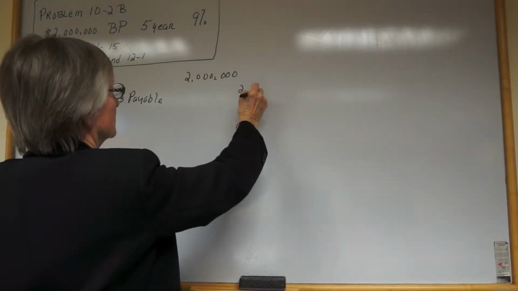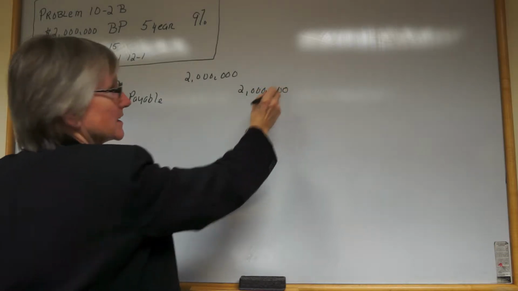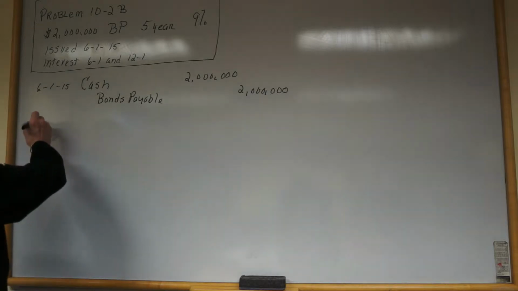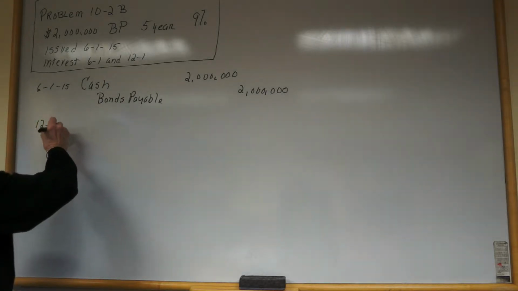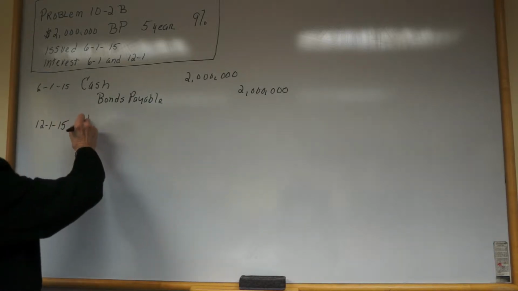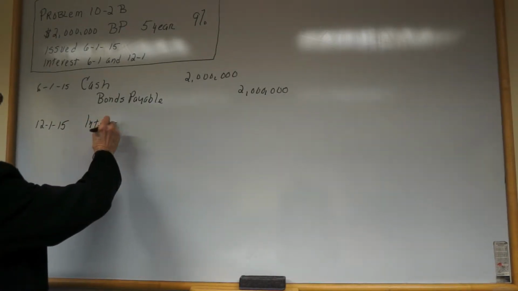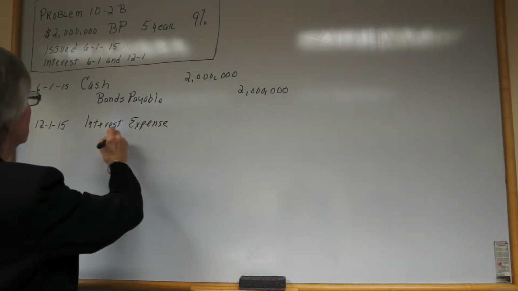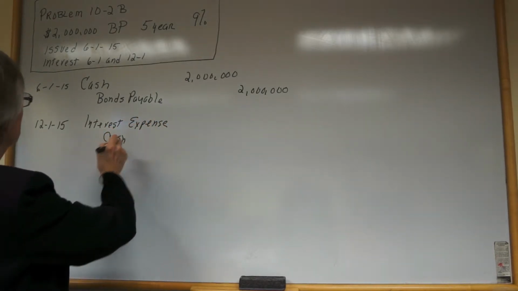So far, so good. Then they ask us to pay interest. Now you notice the interest date here, it's 6/1 and 12/1. So the first time we're going to pay interest is 12/1. Okay, and so we know we're going to have interest expense, and we're going to write a check for the amount of the interest.